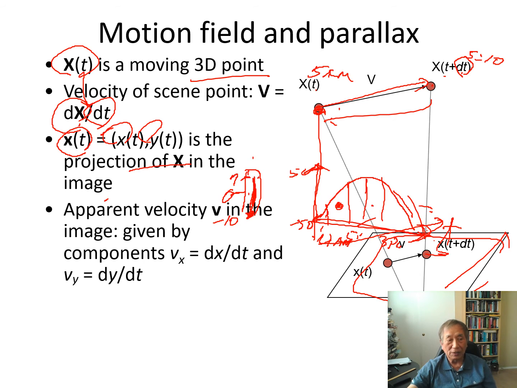Apparent velocity means what we perceive here. In the real plane, the real changes are over here, but what we see here is only this direction. If this took 10 minutes and went, say, 10 kilometers, that is 1 kilometer per minute. That's very slow.